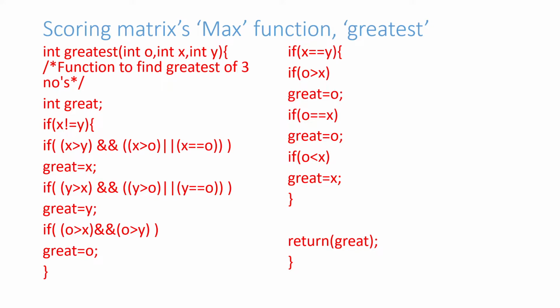Finally, to judge which is the greatest of the three: when two scores are equal, I gave priority to one of the scores, so that multiple scores in a cell won't arise.